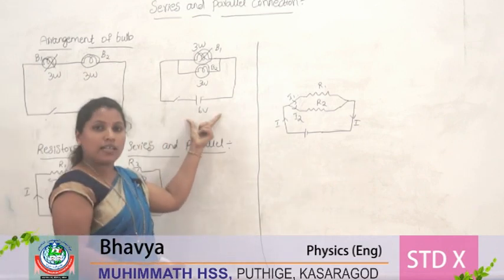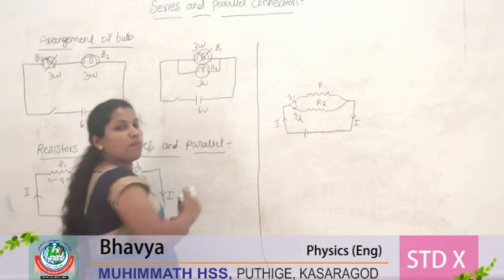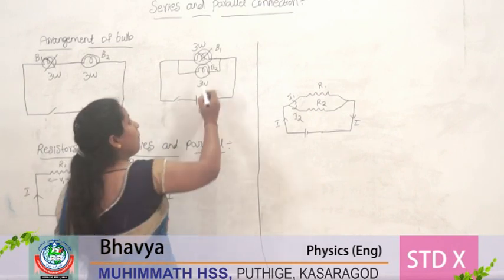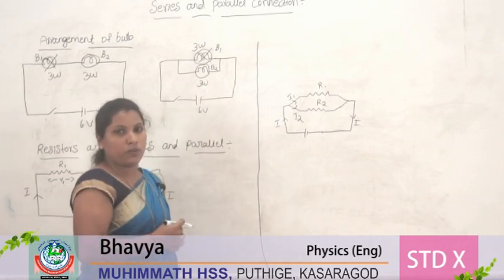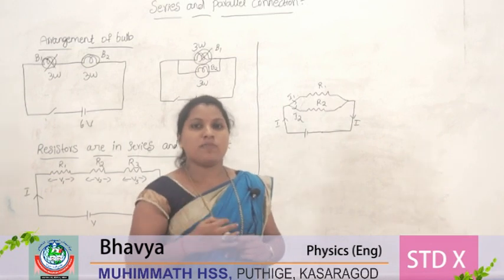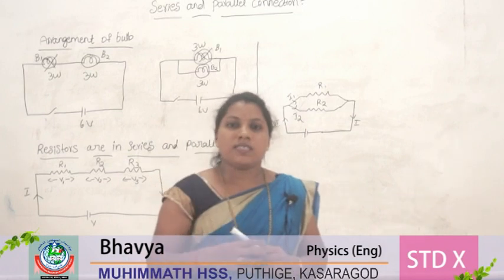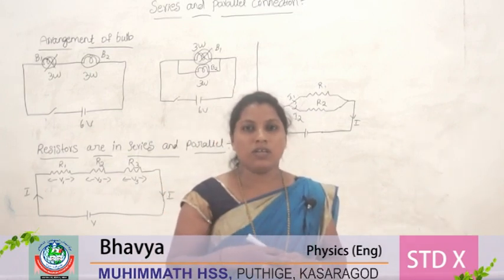In a parallel connection, the B1 bulb is not glowing but the B2 bulb is glowing. So in a series connection, if one bulb is not glowing, the other bulbs are not glowing.